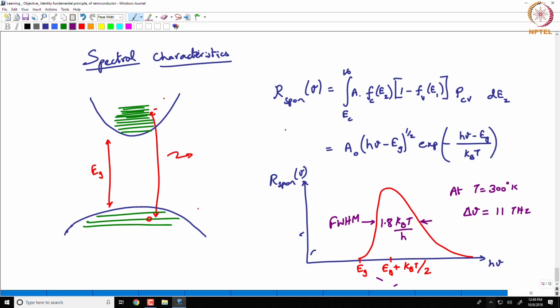If you are operating at 1 micron wavelength, that wavelength spread will be more like 40 nanometers or so. And of course, if you are around the visible region, that may be even smaller in terms of delta lambda. But delta nu will correspond to 11 terahertz if you are operating at 300 degrees Kelvin. Okay. So that is another interesting aspect.